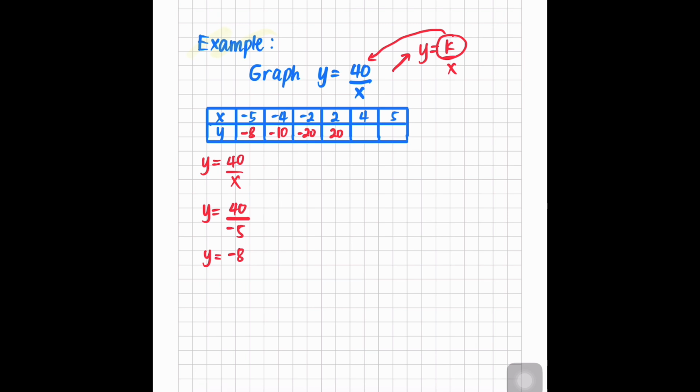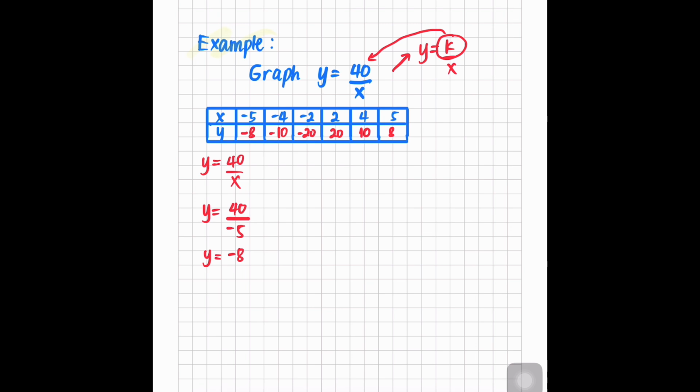When x is 4, y will be positive 10. And when x is 5, y will be 8. Now, once the table is filled in completely, we are ready to plot the points.